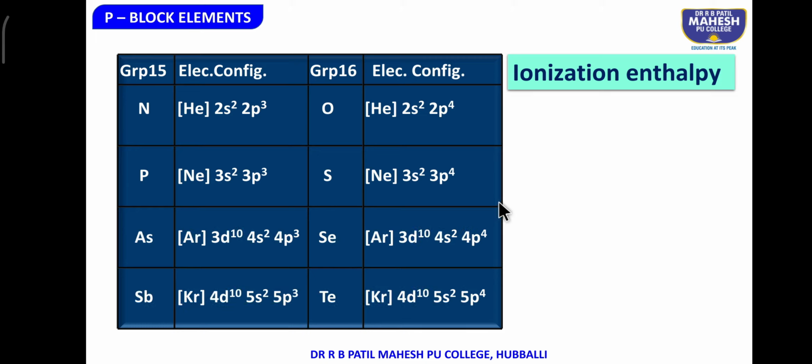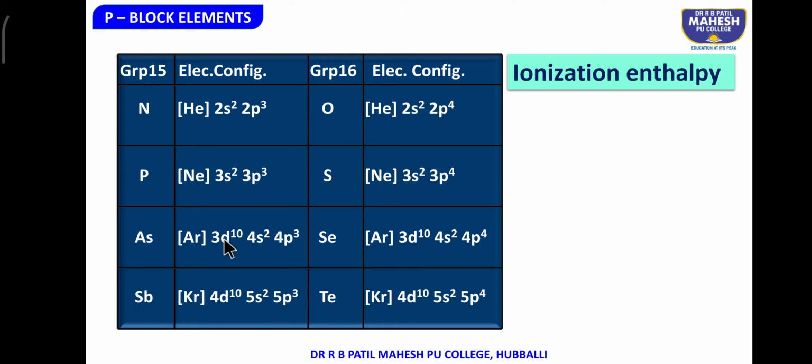That means oxygen has lower ionization enthalpy than nitrogen, sulfur lower than phosphorus, selenium lower than arsenic, and tellurium lower than antimony.